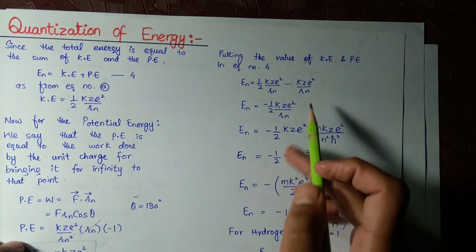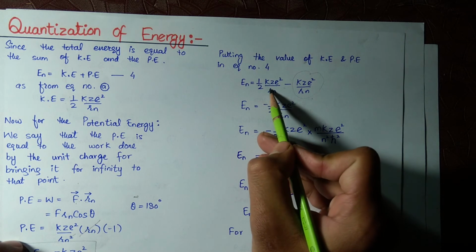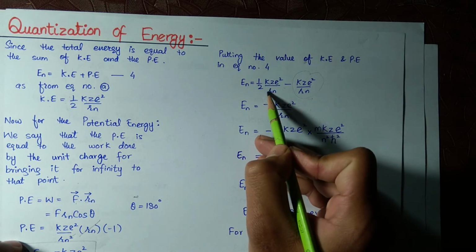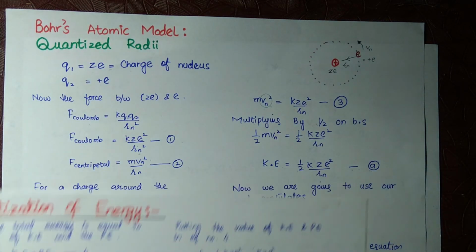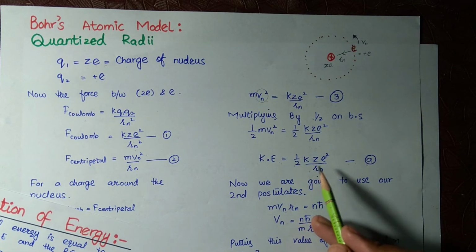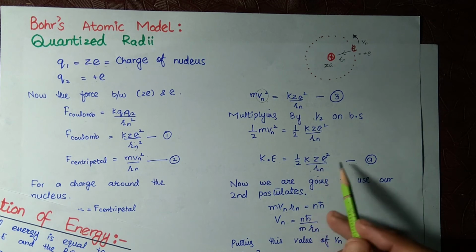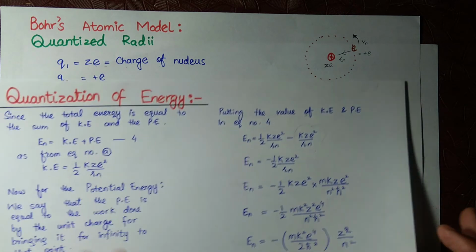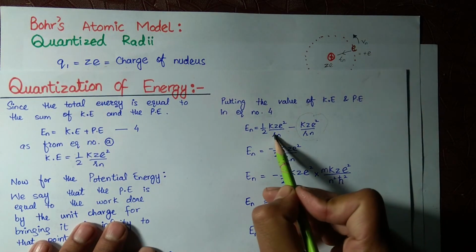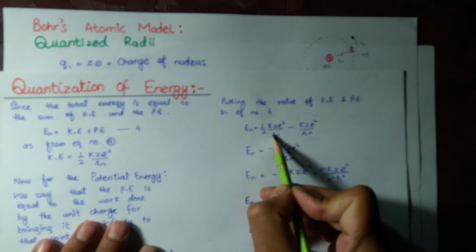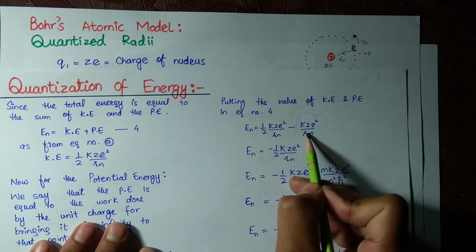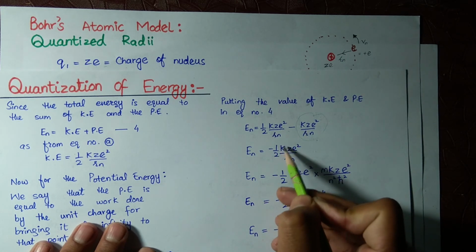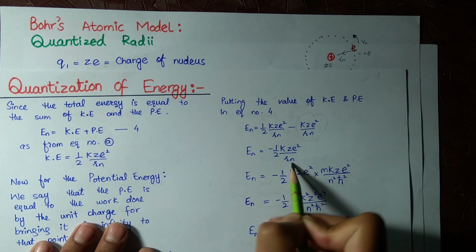But where does this equation come from? It comes from equation number A, which we talked about in the previous lecture. I told you that this equation is very important, and we are going to use it in the next lecture. So putting in this value of kinetic energy, when we subtract, it comes out to be negative half of k Z e square over Rn.